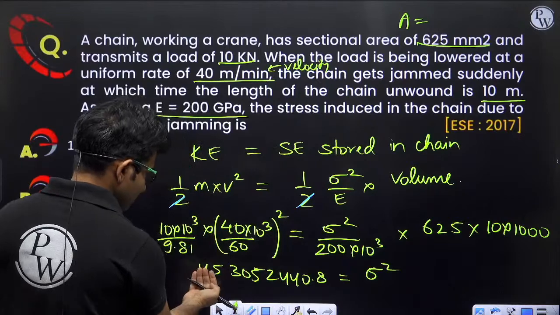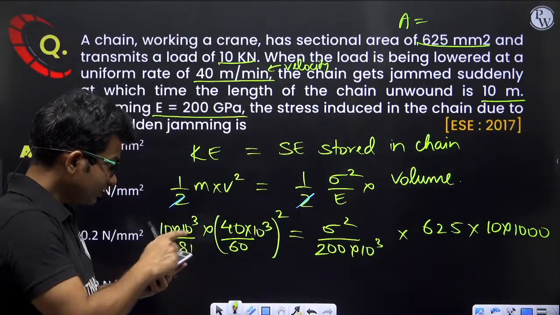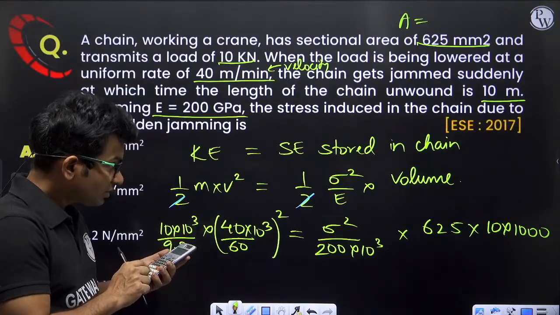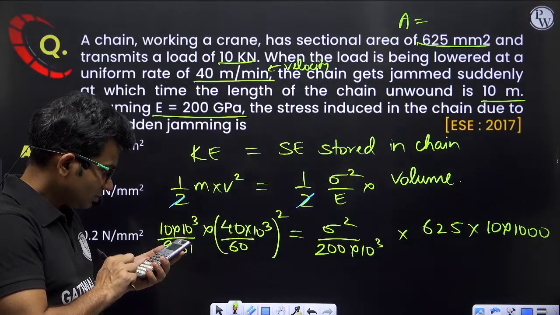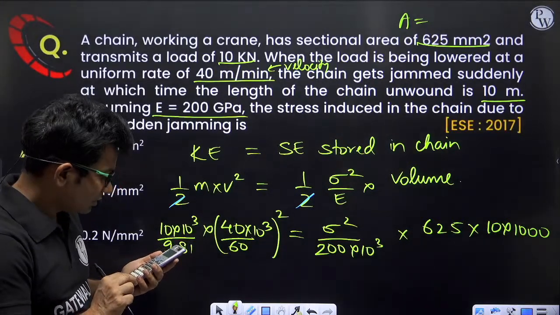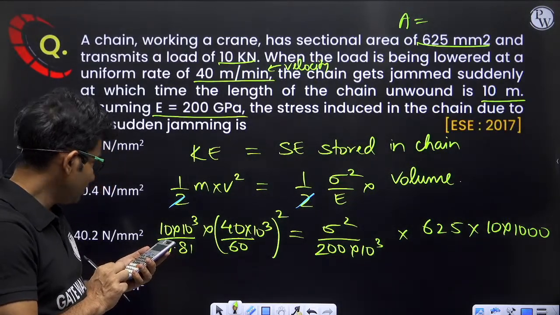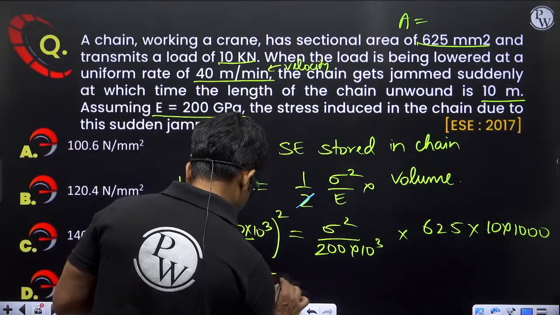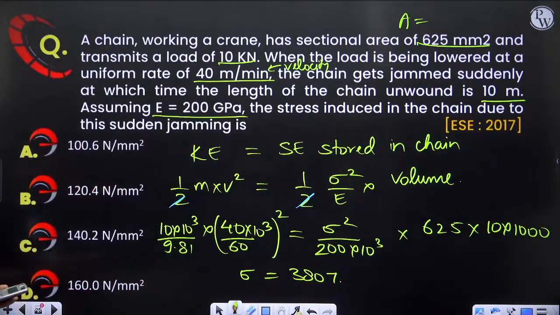Let us calculate directly. Let me multiply it by 200 into 10 to the power 3 divided by 625 divided by 10,000. I'm getting this much, and under root of this, the sigma value I'm getting is 3807.58.